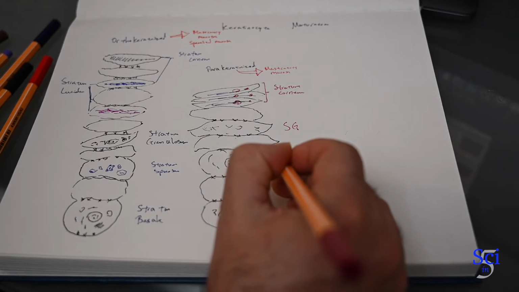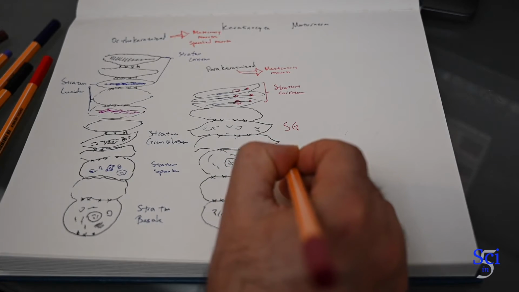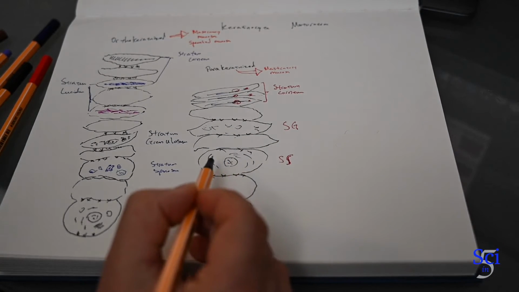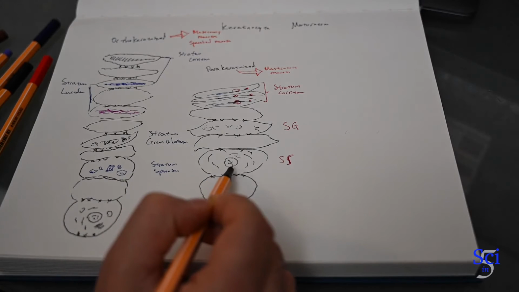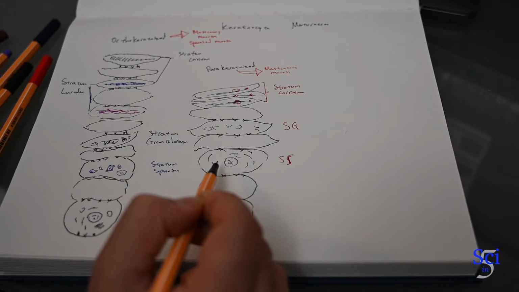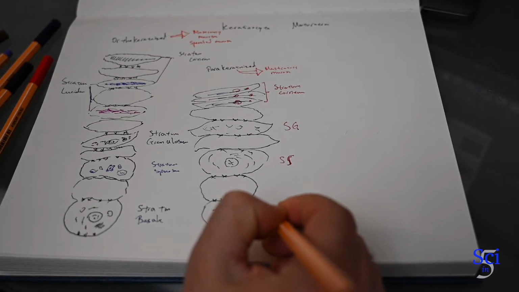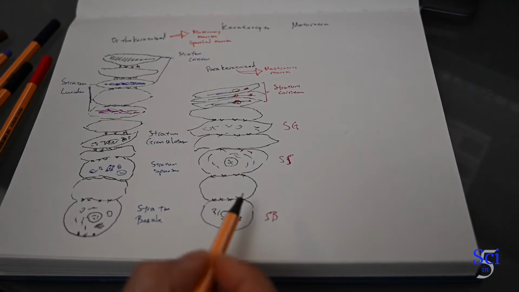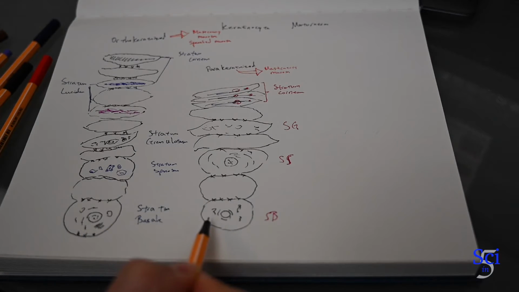In the stratum spinosum, which I'm going to call SS, what we're going to have is the same as before. They're both going to have large cells, and they're both going to have intercellular junctions. And in the stratum basale, which is SB, this is going to be the same as what we saw before: the large cells, and this is where our cell division happens.